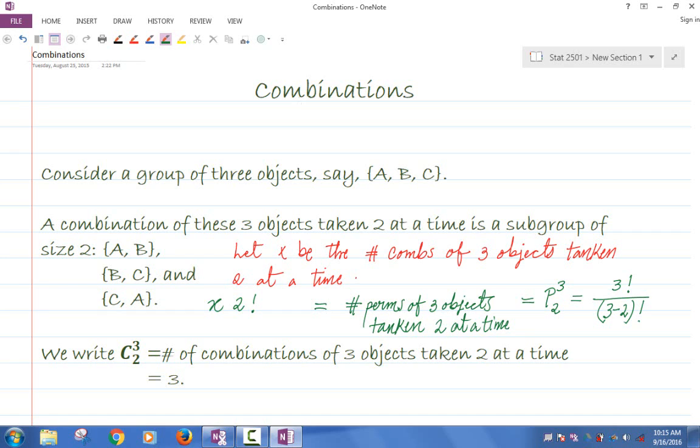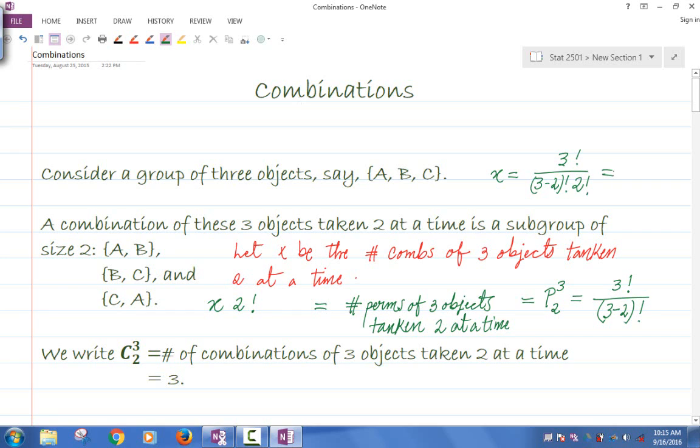Well, I have an equation and I can solve for X now, right? What is X now? Notice that X is 3 factorial divided by (3 minus 2) factorial, multiplied by 2 factorial. I have to divide by 2 factorial to solve for X. And what is that number?